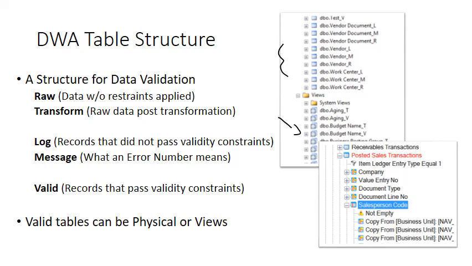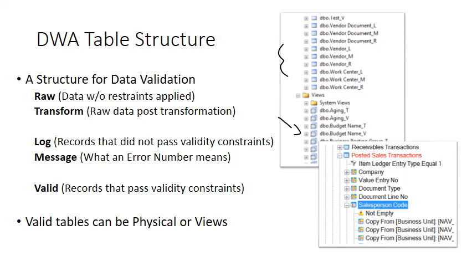So the data started as a varchar 50, and I changed it to a varchar 10 to match the dimension key, or something along those lines. You shouldn't see too many transform tables in the data warehouse, again, because you usually don't do transformations in the data warehouse. The log table records the data that did not pass the validity constraints.